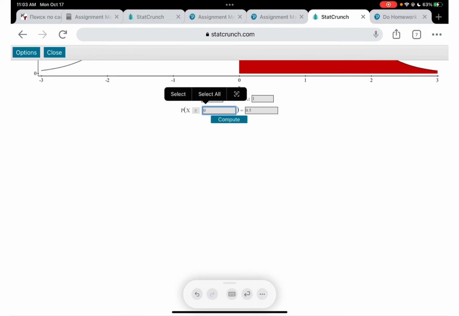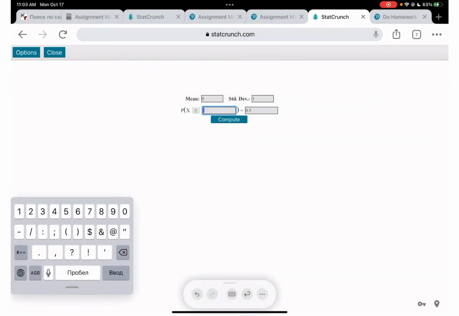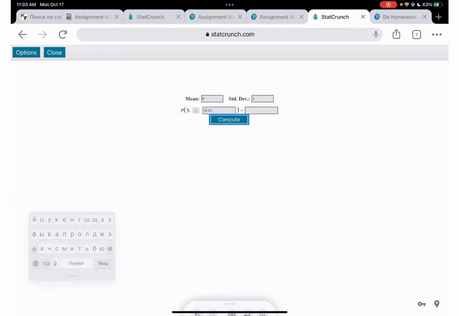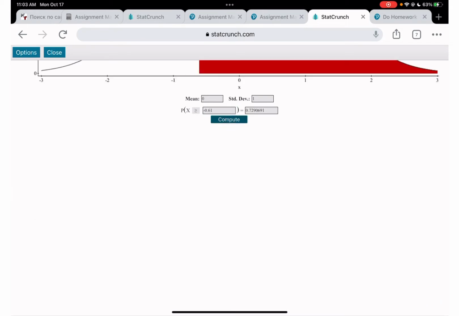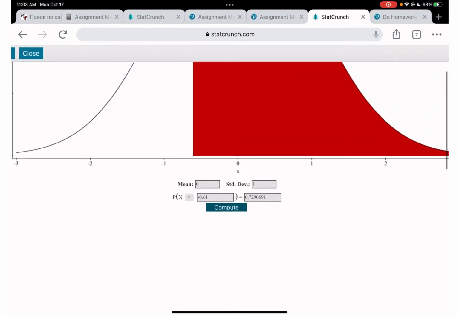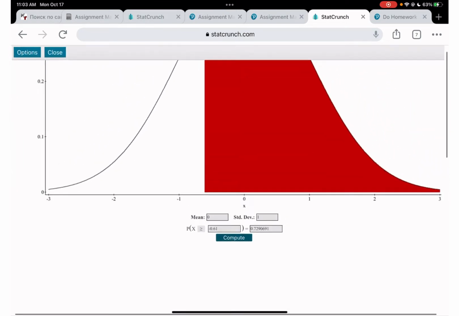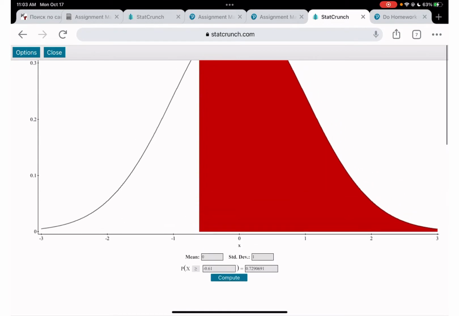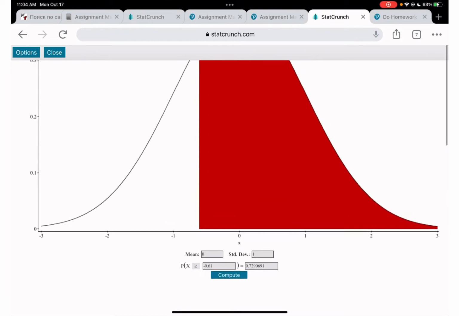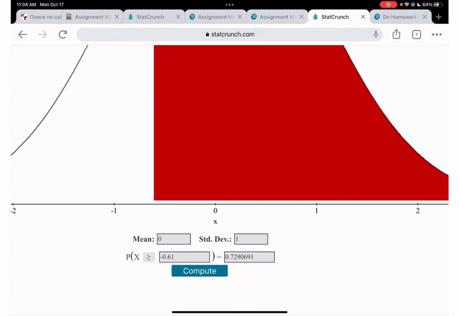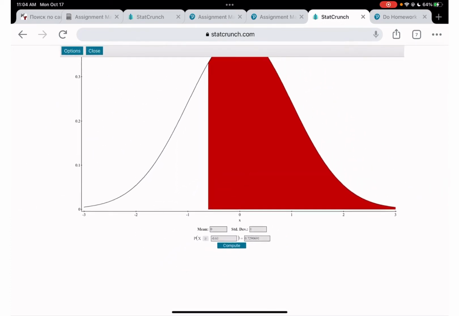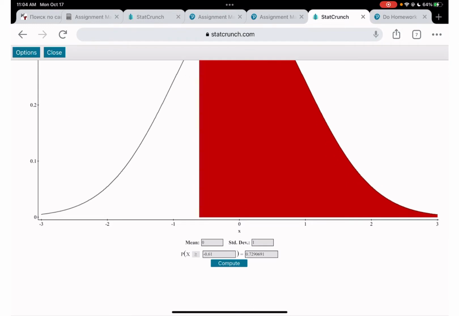So it's going to be negative 0.61. Compute. And we are getting the area to the right because we chose to the right. Look here, on the graph where you see this 0, that's where the mean and median on the bell-shaped graph overlap each other.